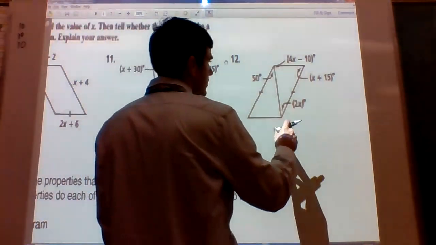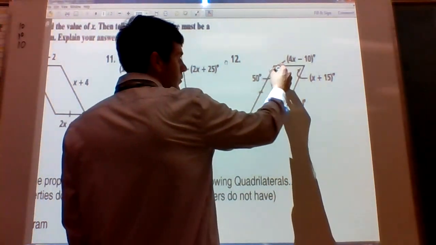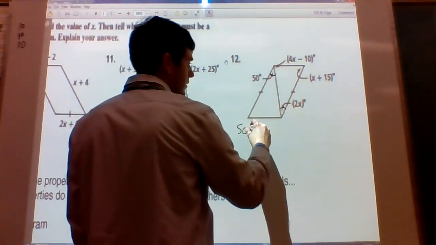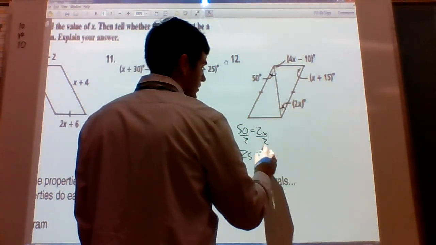We also know that alternate interior angles are going to be congruent. So here we have alternate interior angles. So 50 is going to equal 2x. Divide by 2, 25 equals x.